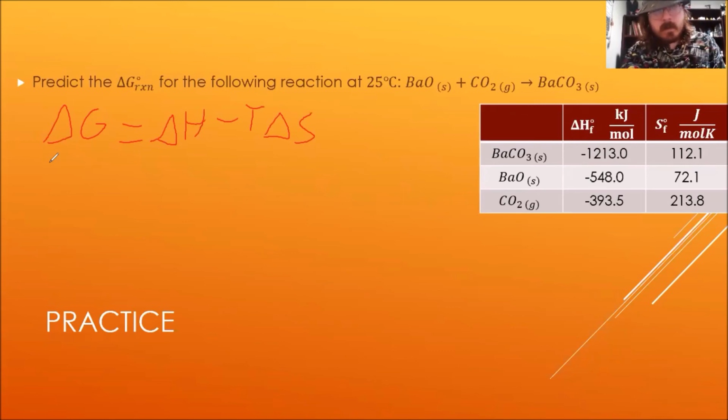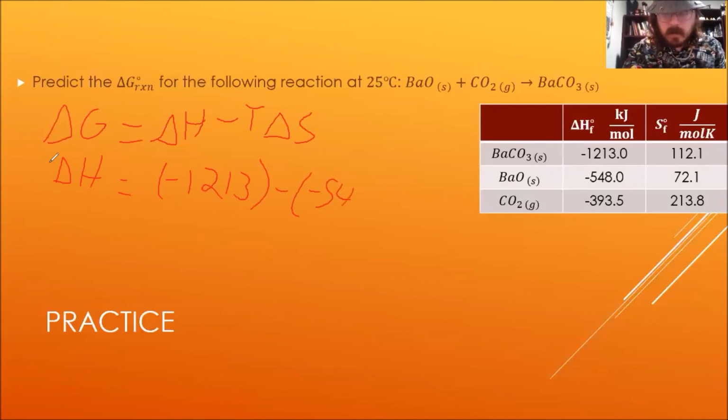So how do we calculate delta H? Delta H is products minus reactants. Our product is just one barium carbonate, and minus our reactants, which is our barium oxide and our CO2.